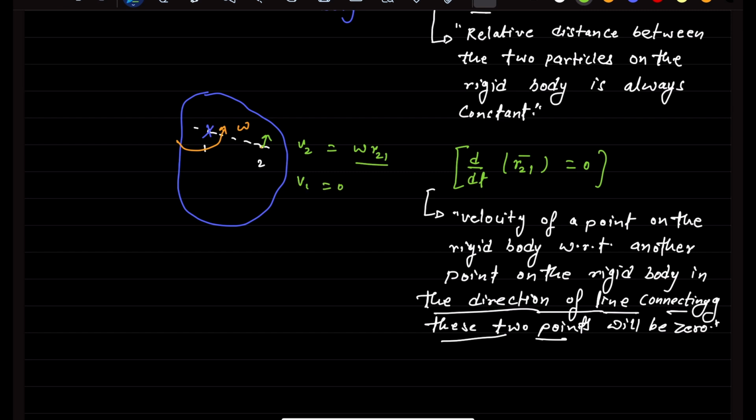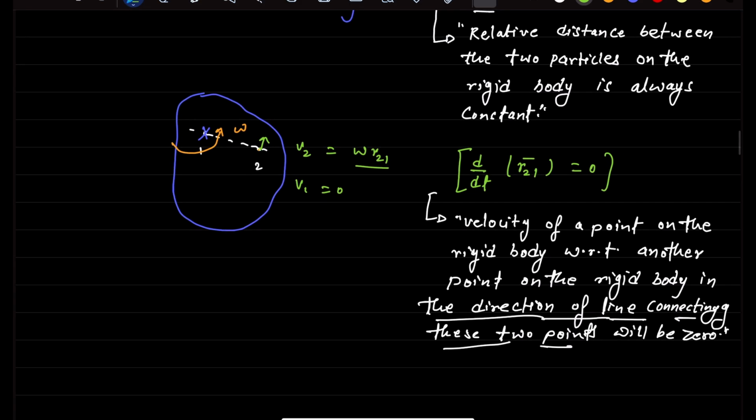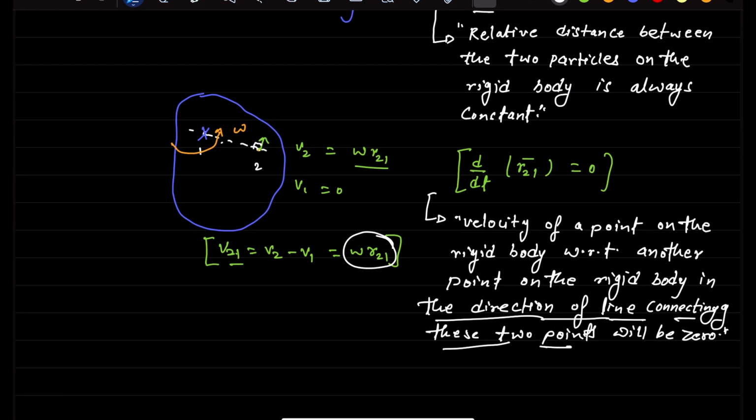Let's say we are taking this point 1 and point 2, and point 1 is on the axis of rotation. Point 2 is rotating with omega with respect to 1, then the velocity of 2 will be omega multiplied by r21, right? And v1 is 0, but v21, which is v2 minus v1, will be equal to omega multiplied by r21, and that velocity will be in the direction perpendicular to the line connecting 1 and 2.